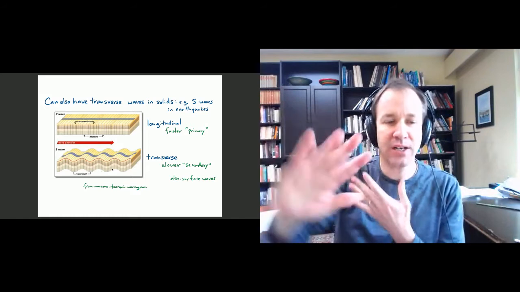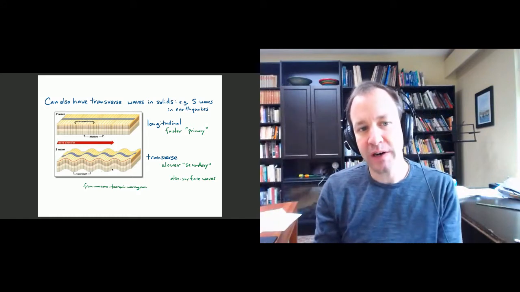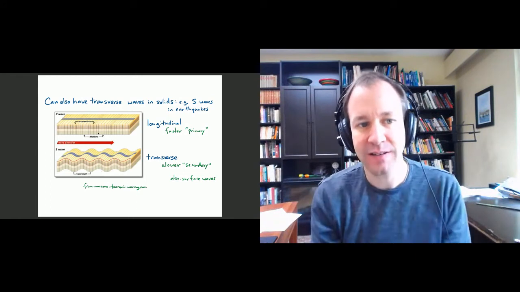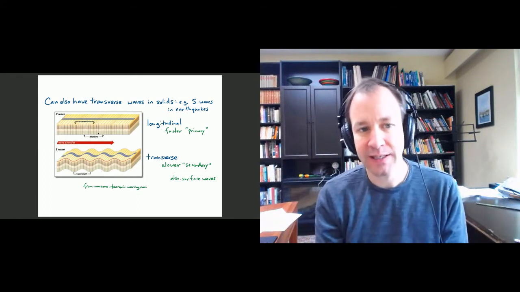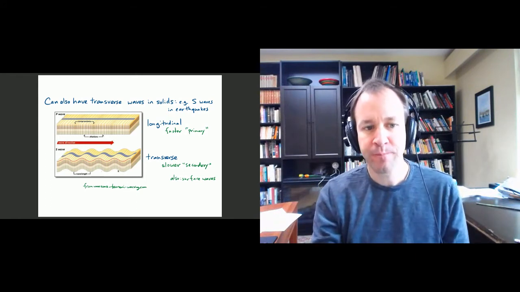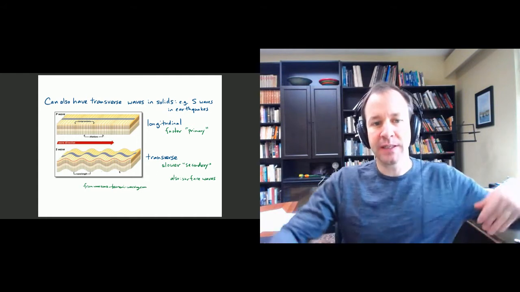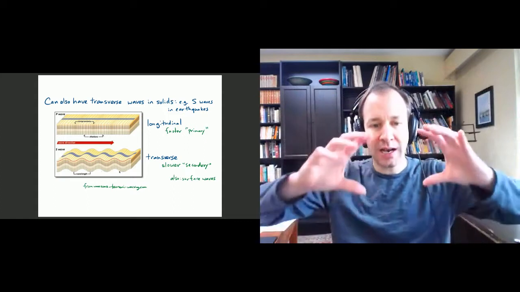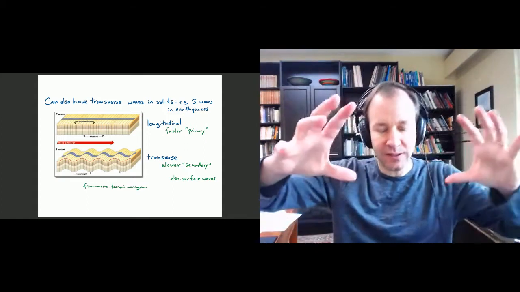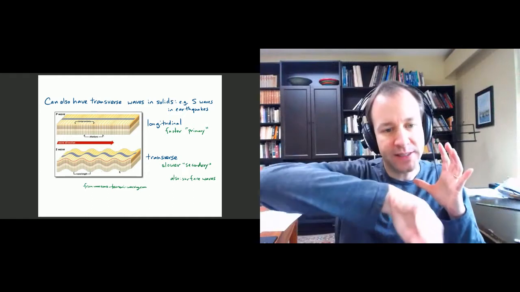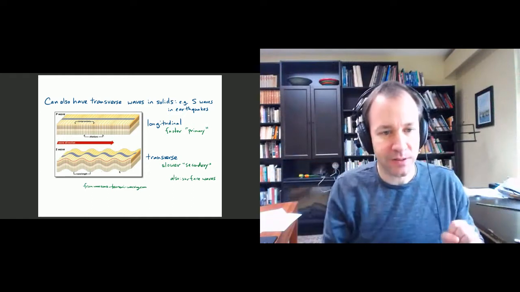So you can have these compression waves, and that's one part of the earthquake. That turns out to travel a little bit faster, and those are the first waves that will hit you when you feel an earthquake. But then you also have transverse waves, and so that would be just an up and down motion of the large collections of molecules in your solid, whereas the wave is traveling, in this case, horizontally.